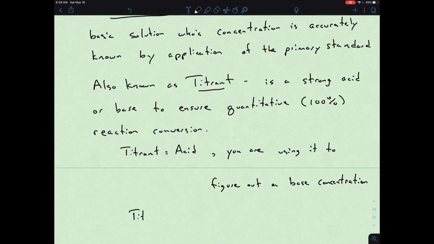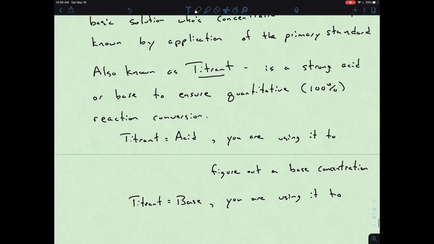If your titrant is a base, then you're doing the opposite. You are using it to basically figure out an acid concentration.